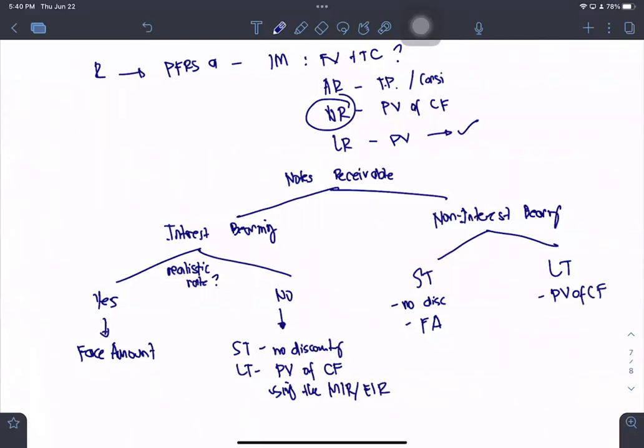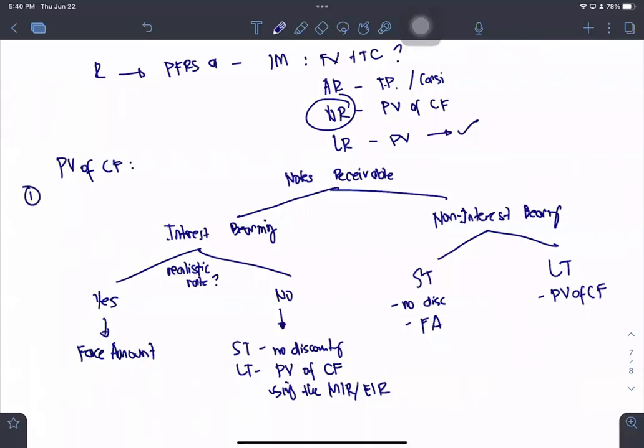So here, as you can see, mostly, you need to determine first or classify the note, if it's interest or non-interest. Once you can properly classify it, then you can now account for it based on whether you account it at face amount or at present value of cash flows. Dalawa lang naman siya. Face amount or present value of cash flows. Question: when will you use your present value of cash flows for notes? There are only two instances.